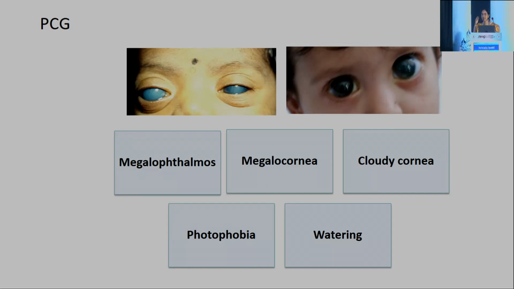So if somebody has a corneal diameter that is 13 millimeters or 14 millimeters, and does not have Haab's striae, please think. Is it congenital glaucoma, or are you dealing with something else?